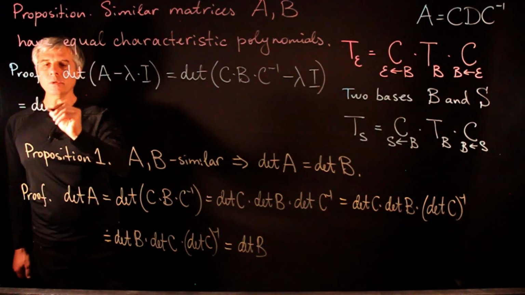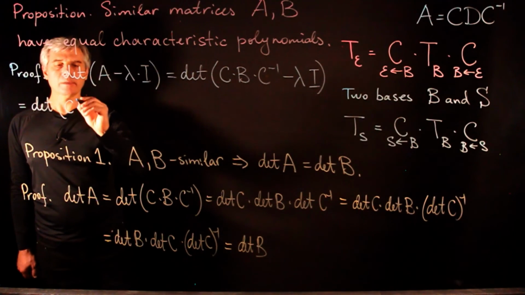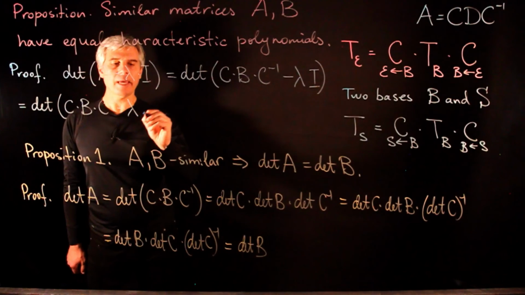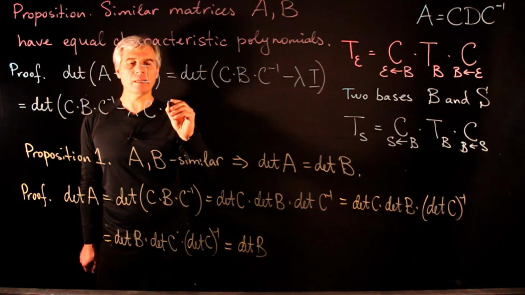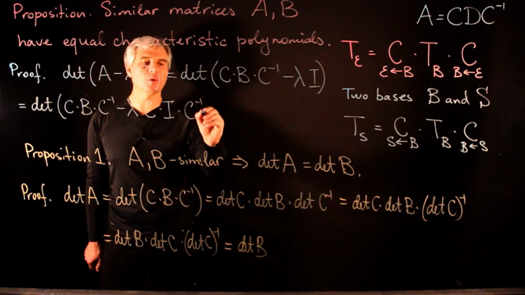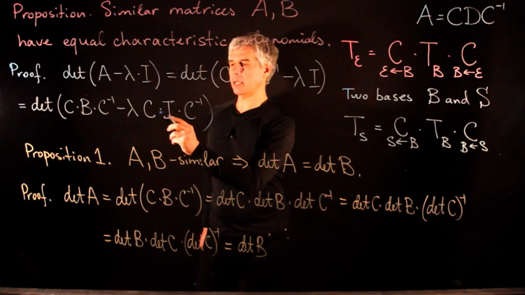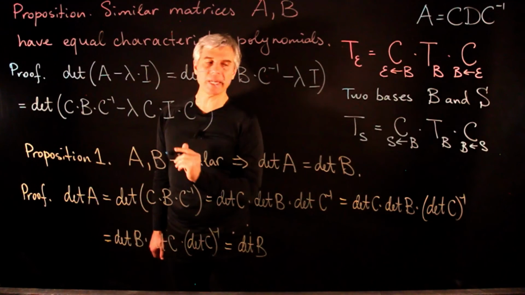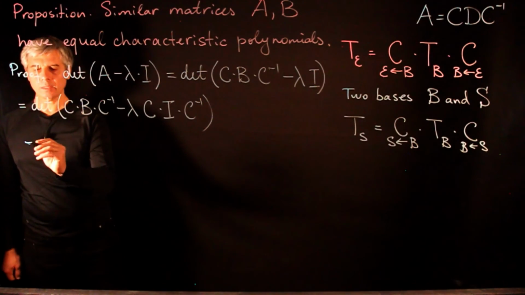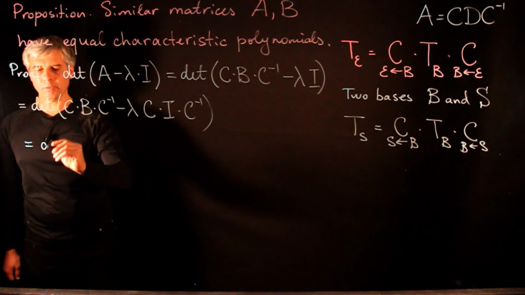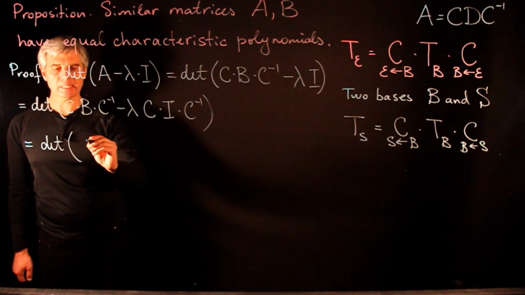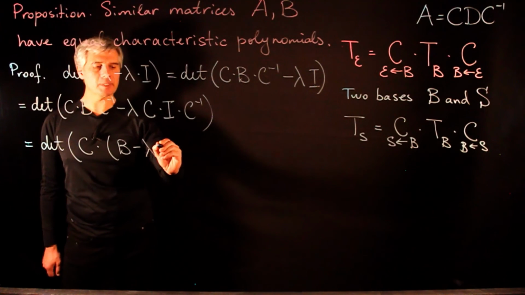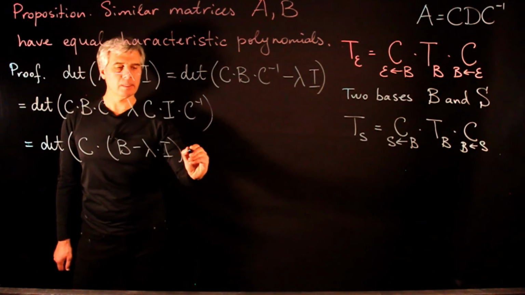But now we can write the identity matrix as C times the identity matrix times C inverse. Because indeed, if we take the product C times identity times C inverse, this will still be the identity matrix. So then we can write this matrix as C times B minus lambda times identity times C inverse.